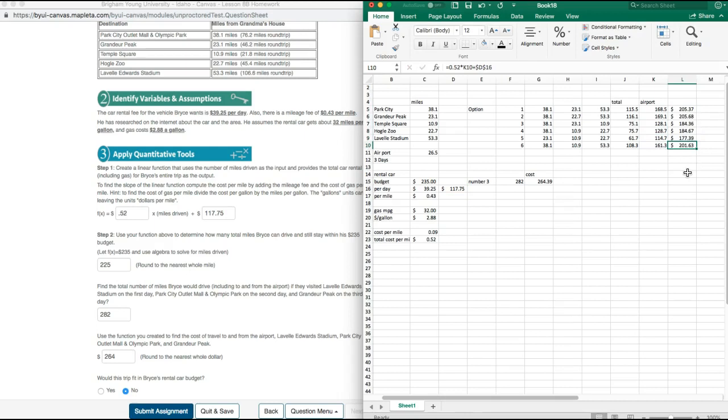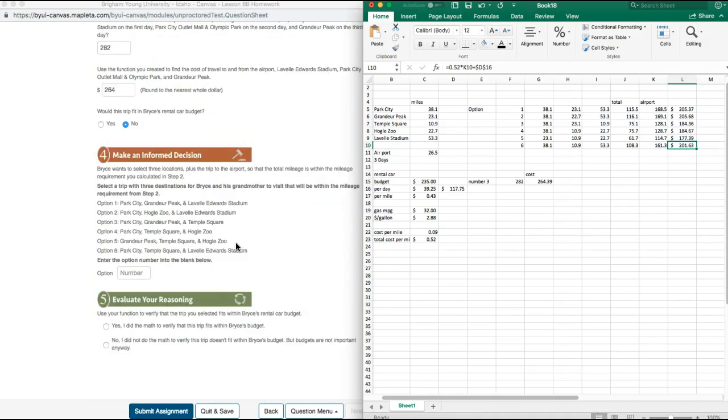Okay, so come down here, enter the option number that will get us below 235. I have lots of options. I knew there was something wrong. Okay, we did not go back and forth in each of these. These totals need to be multiplied by 2.